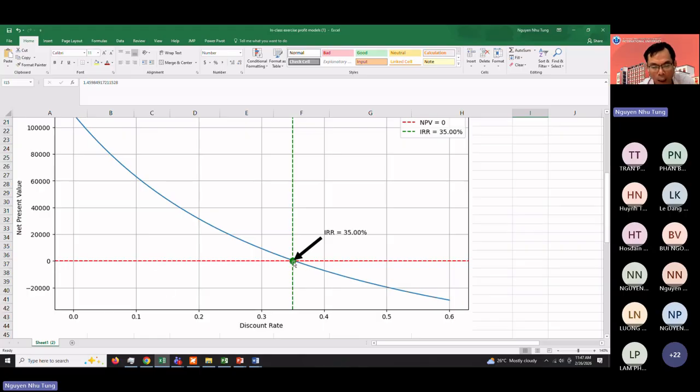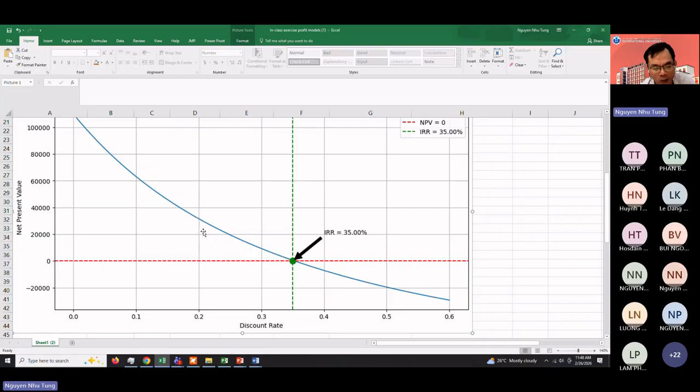All right. So if the company wants your project to have a minimum of 20%, for example, 20% is somewhere here, so your project is good compared to the required minimum rate of return.